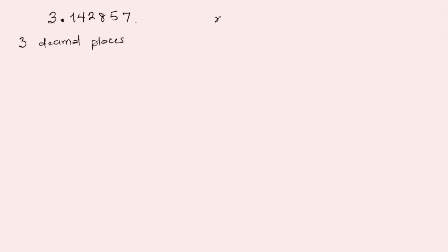If the next number is greater than or equal to 5, then you approximate, or you round up. I think that should be a better word to use. You round up the preceding number. So in this case, 8 is the next number after the third decimal place. So we can round up 2 to 3. So 3 decimal places is going to be equal to 3.143.